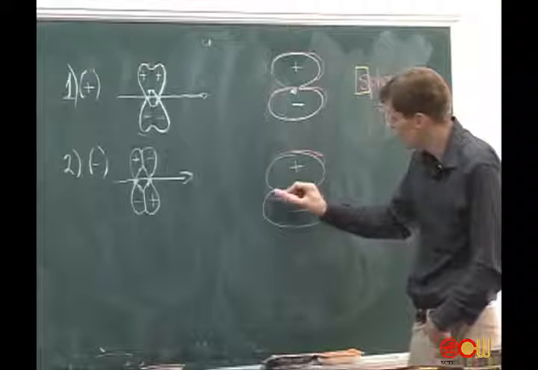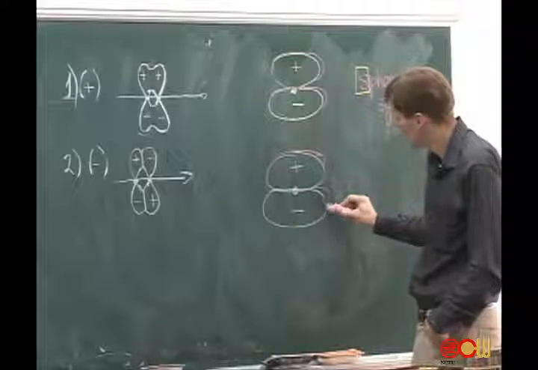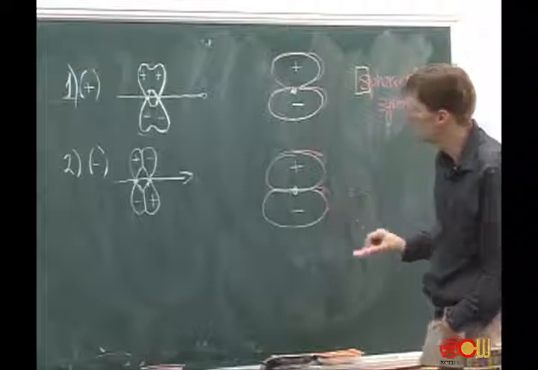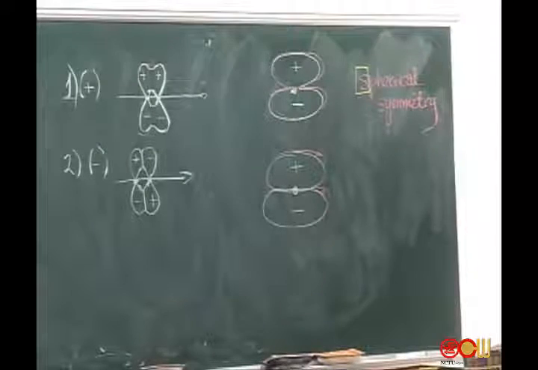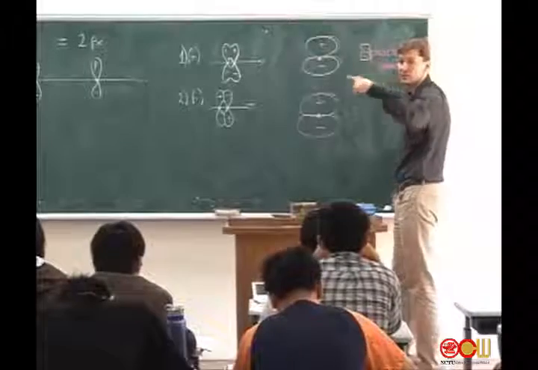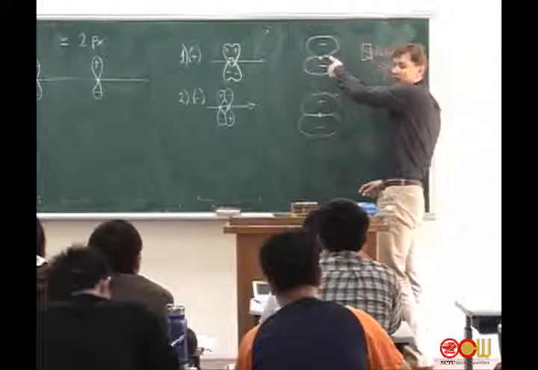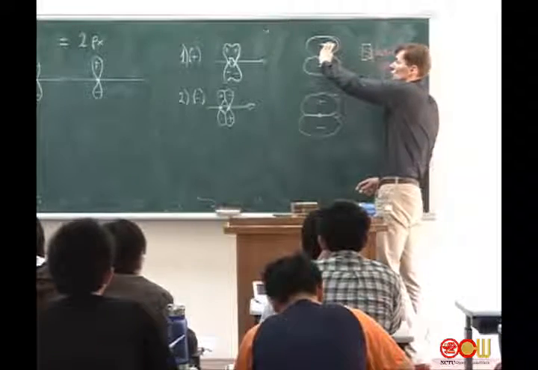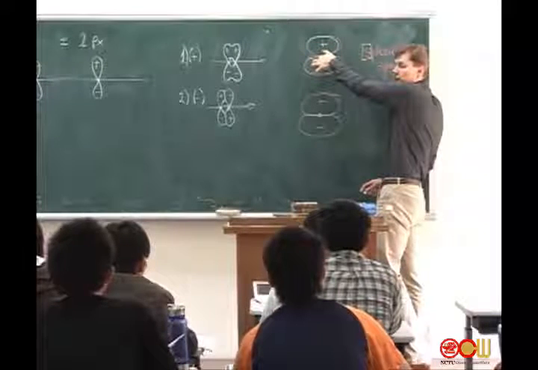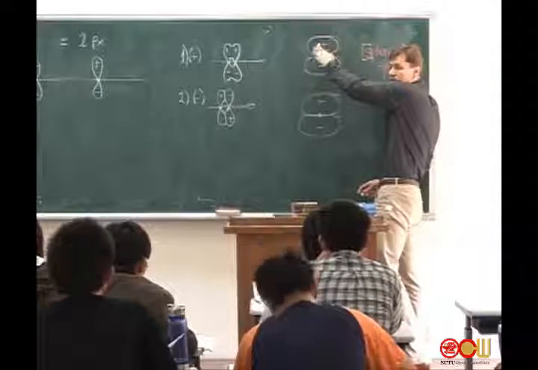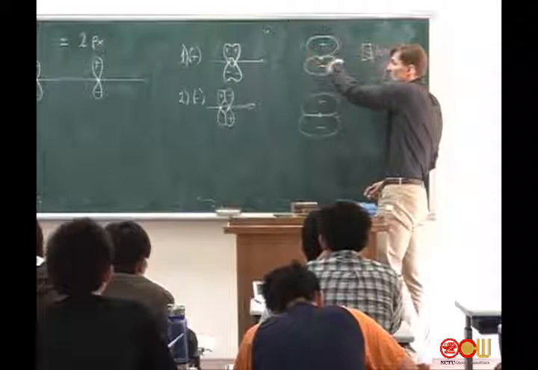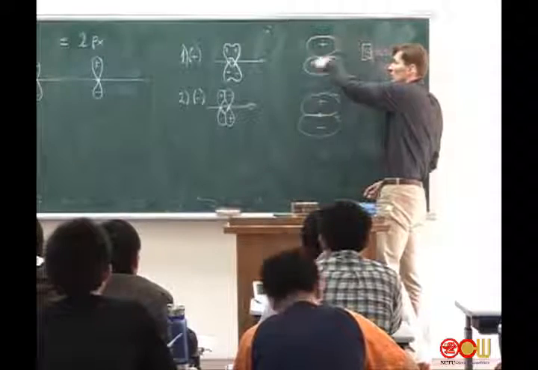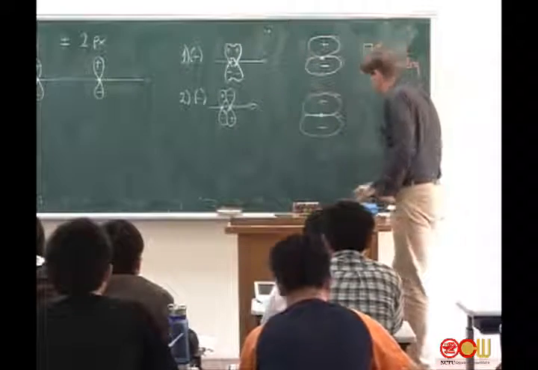This one will have plus, and this one minus, and this one will have plus. Okay, so when I look from this direction, this is not anymore spherical. You see that to change sign, I have to rotate 180 degrees. And to change sign to the beginning one, I have to rotate 360 degrees.